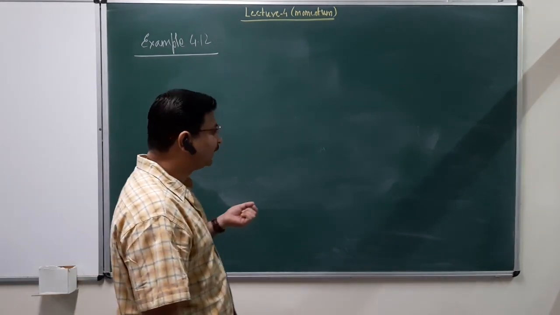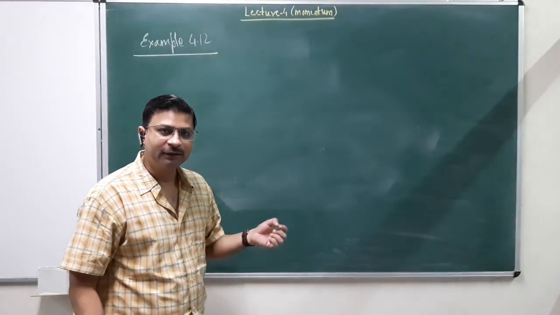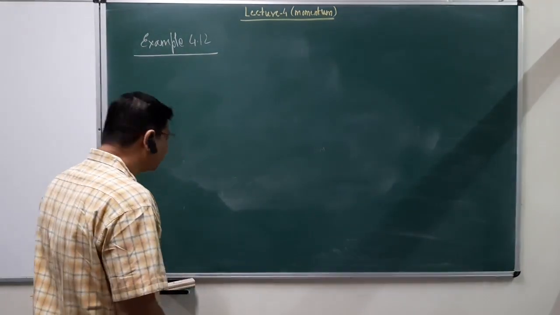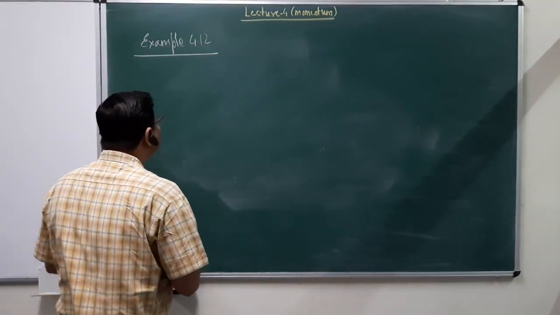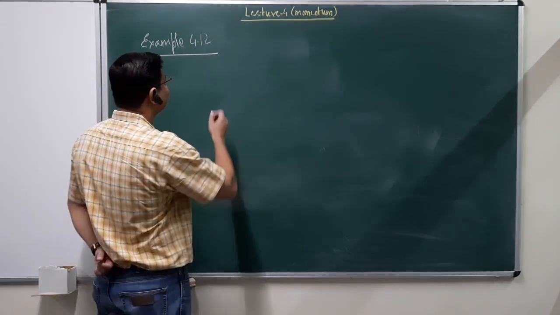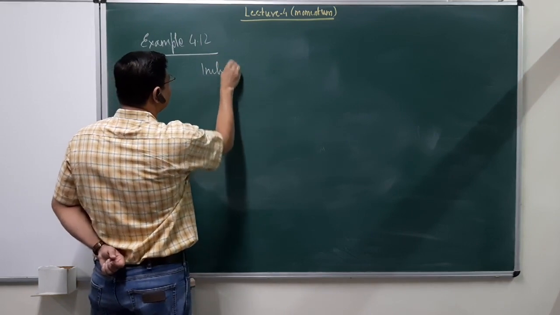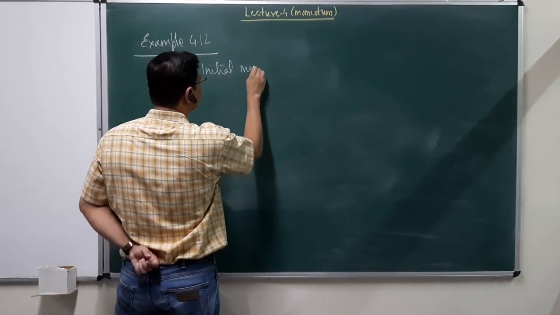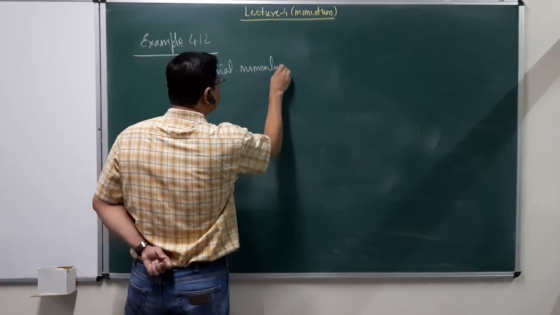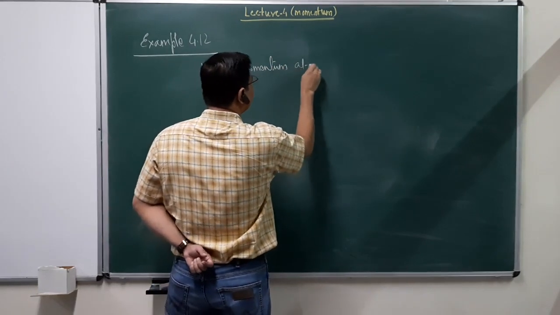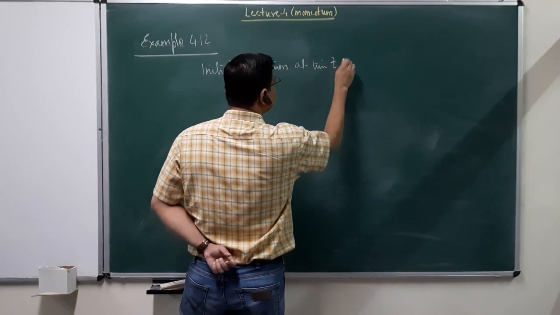Right. And the idea is to find out the force required to keep the motion uniform. So the way I can describe this is, let me first write down the initial momentum at any time t, right?